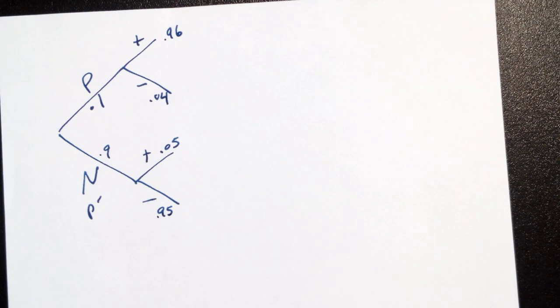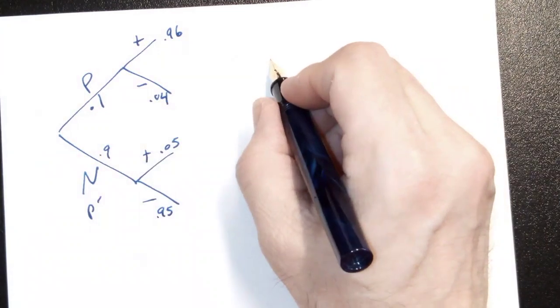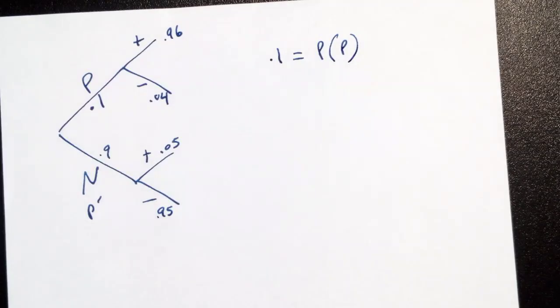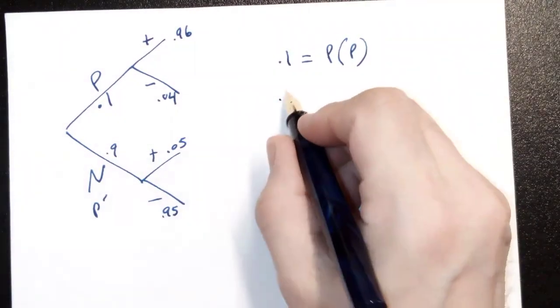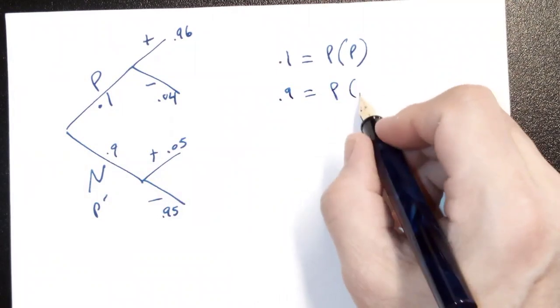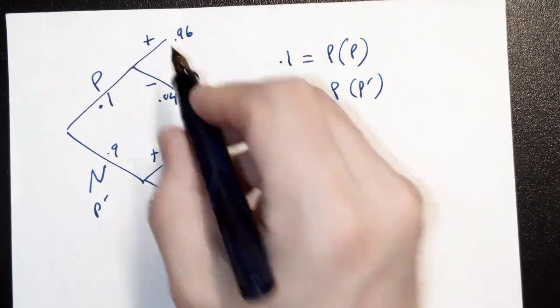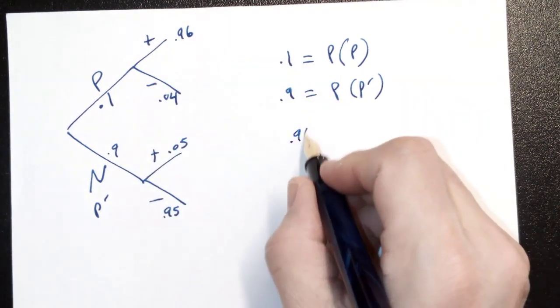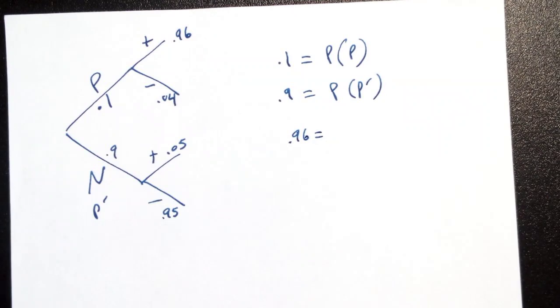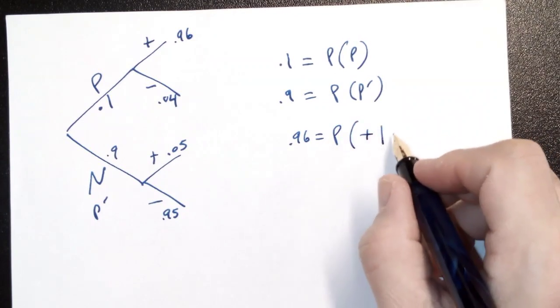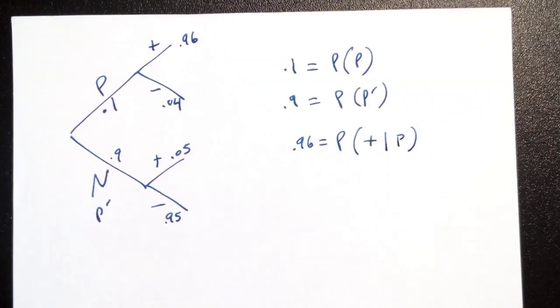Now, let me put symbols to these. This number, 0.1, is the chance that a person is pregnant. The 0.9 is the chance that a person is not pregnant. What is this 0.96? Based off my branches, that's the chance that I got a positive test result given the person was pregnant.